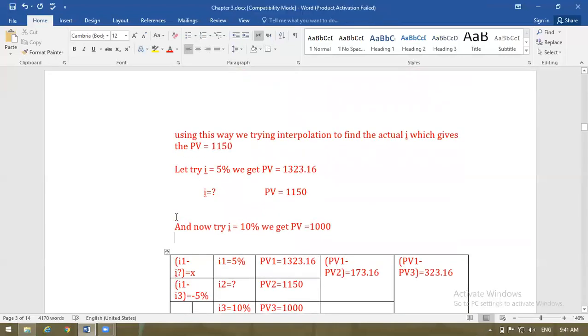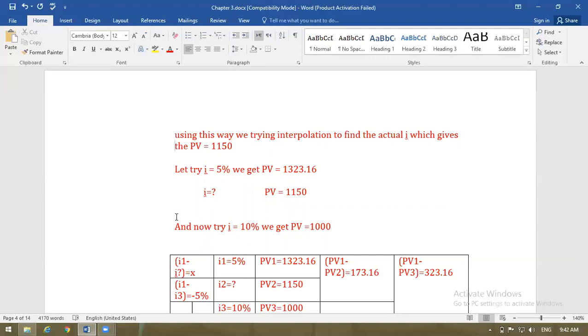This gives me present value 1323.16, which is greater than 1150. So now I try another interest rate which gives the present value of this bond less than 1150. As you know, there is an inverse relation between interest rate and bond price.